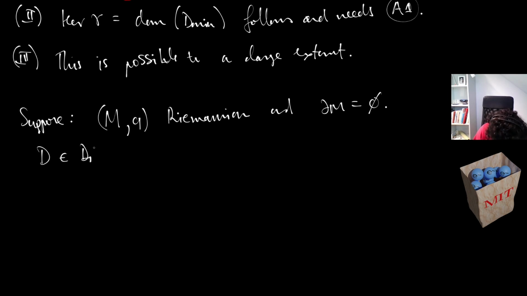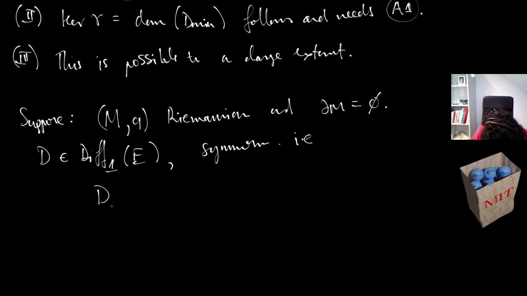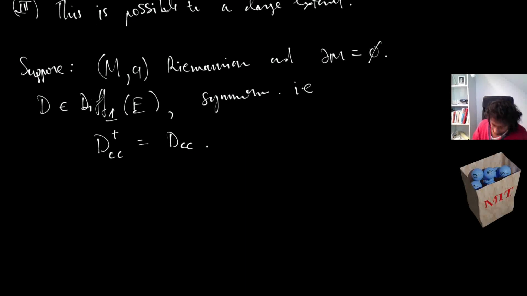So this is diff 1 from E back into itself, symmetric, i.e. (Du, v) equals (u, Dv), so D is its own formal adjoint. And so in the boundaryless case, C infinity CC is equal to C infinity C. Okay?